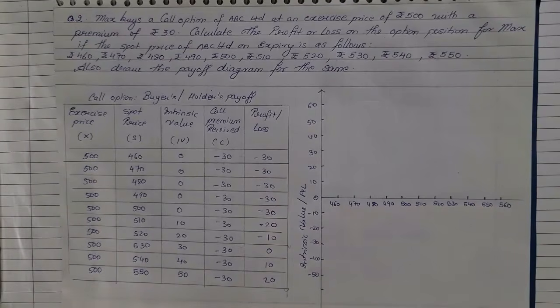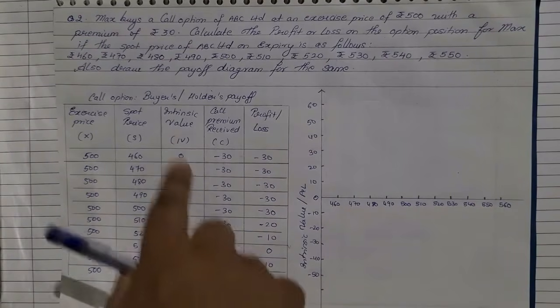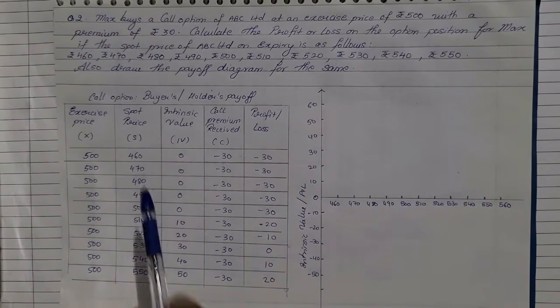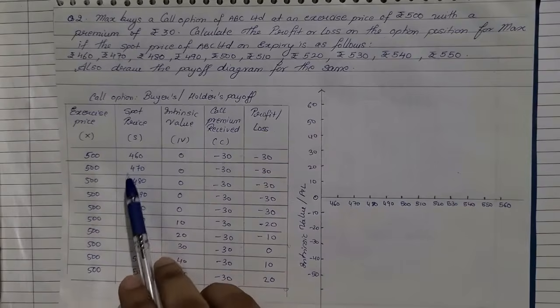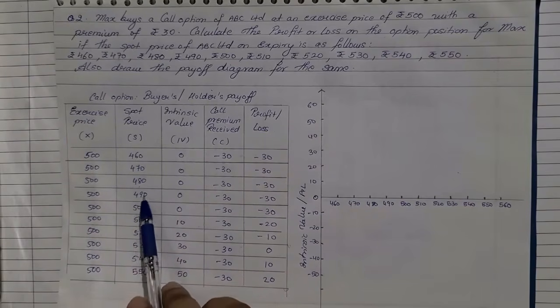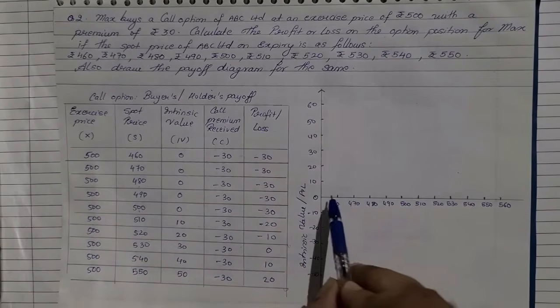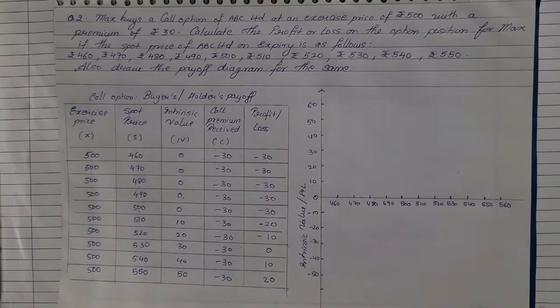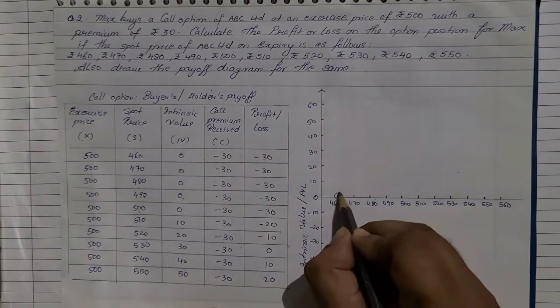Now let us see how to mark the intrinsic value and the profit and loss on our graph. At the spot prices 460, 470, 480, 490 and 500, the intrinsic value for each of the cases was 0. So I'll just mark down those points.